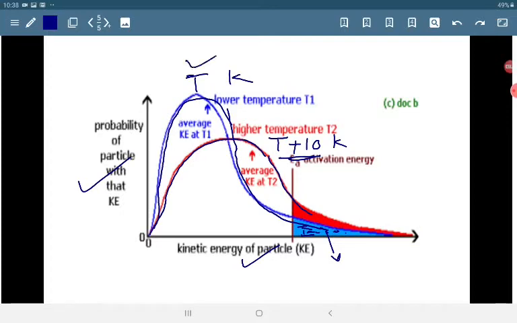By increasing the temperature by 10 degrees, the curve becomes flat and shifts towards the higher energy region. And this red portion, the fraction or percentage of molecules, becomes almost double. First it was blue only, then red also.